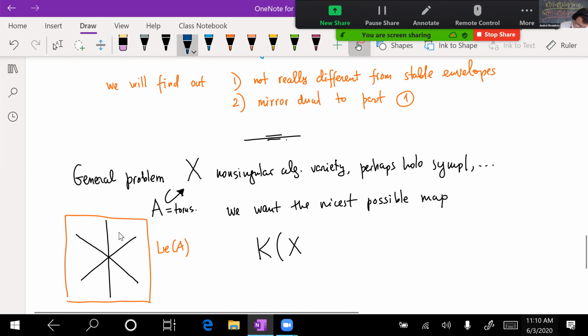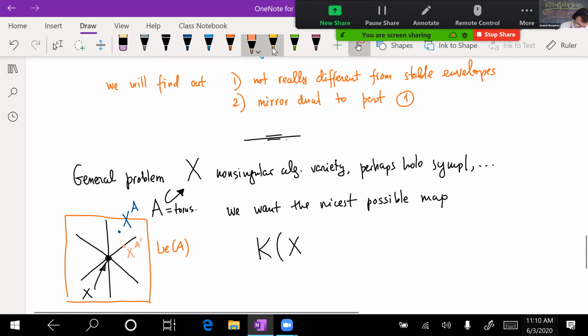Here I have my fixed locus of all of A, and here sits the fixed locus of some subtorus, and here sits all of X. But let's start with the most general situation.